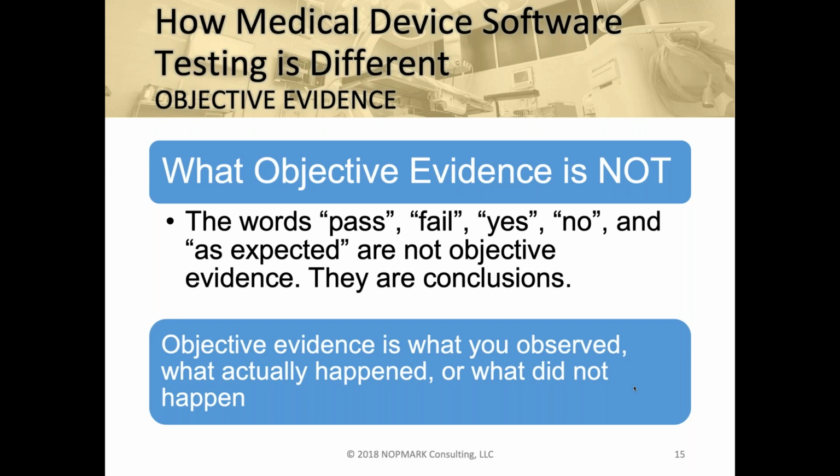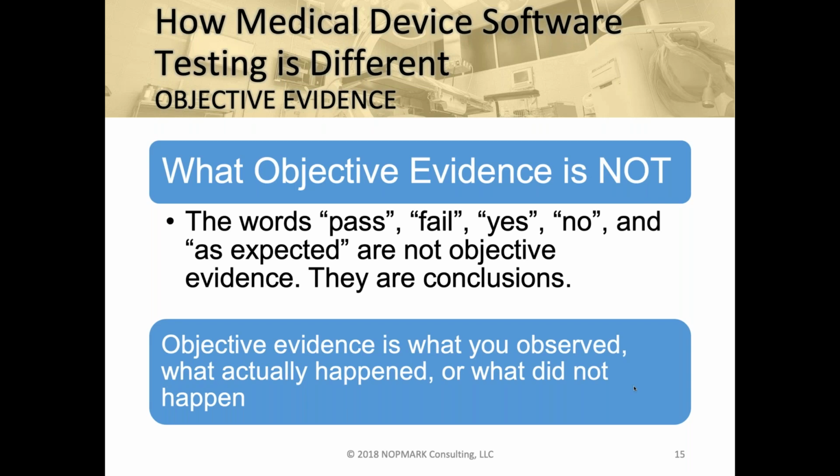And that objective evidence is what has to be recorded during execution of a test. And then, based on that objective evidence that you're recording, you can say, yes, that thing that I'm observing matches my expected result. And then you can have that conclusion that your test has passed or failed.